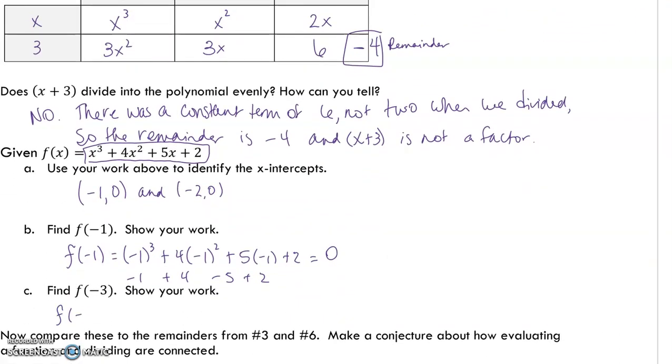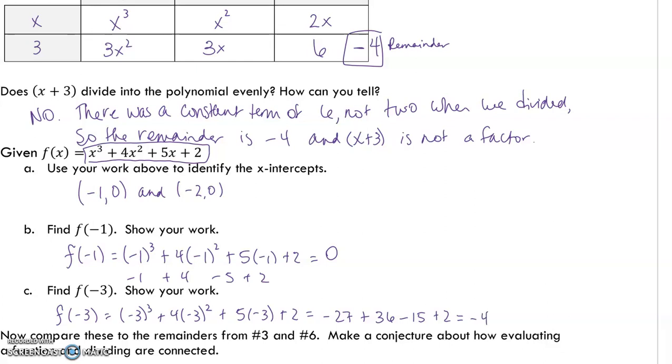What if I did f of -3? That's going to be -3 cubed plus 4 times -3 squared plus 5 times -3 plus 2. Bigger numbers, that's okay. We can do this. -27 plus 36 minus 15 plus 2. I add all of that up together and I get -4.